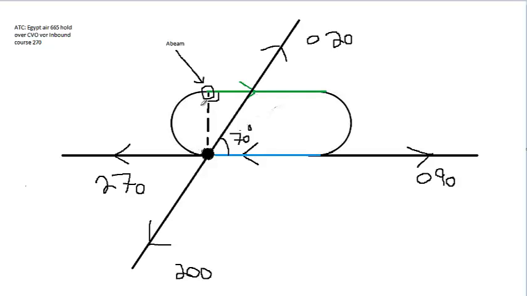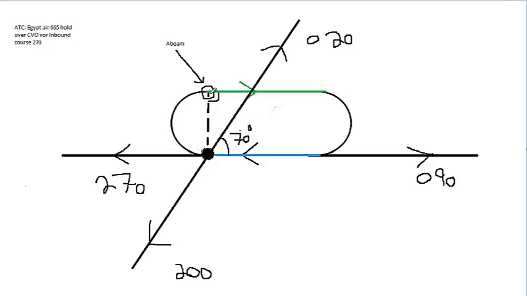Additionally, let's talk a little bit about the times. So in a holding, how long should I stay on the outbound leg, and how long should I stay on the inbound leg? How long should my turn be?